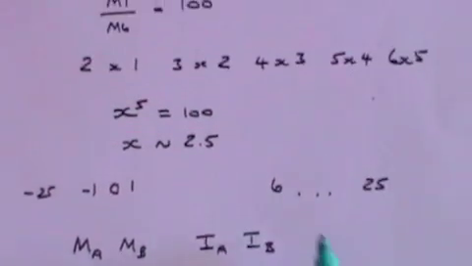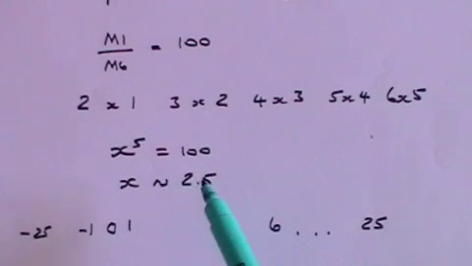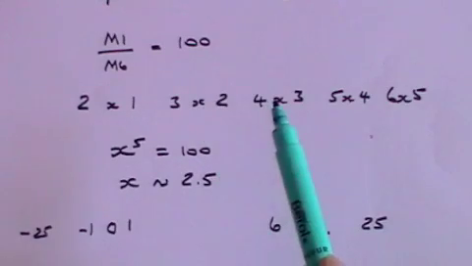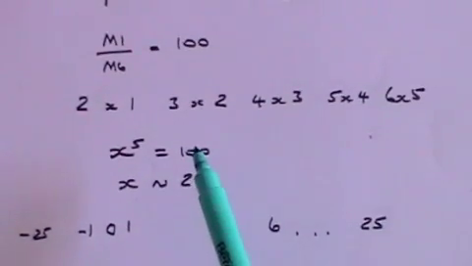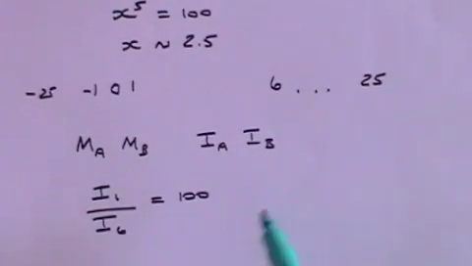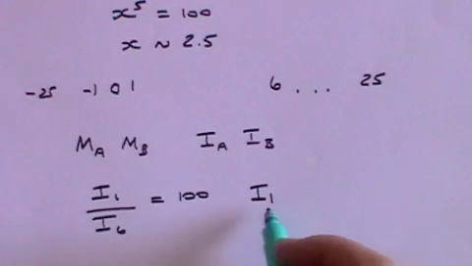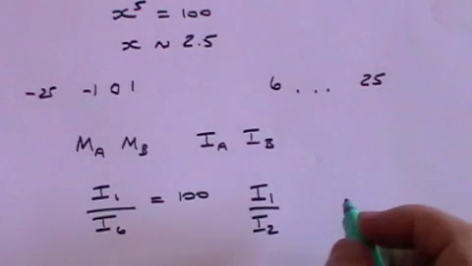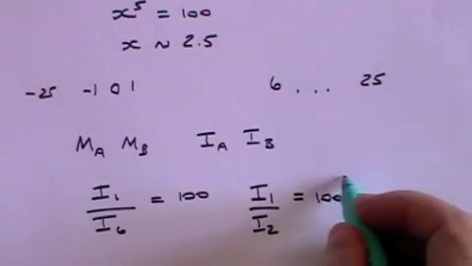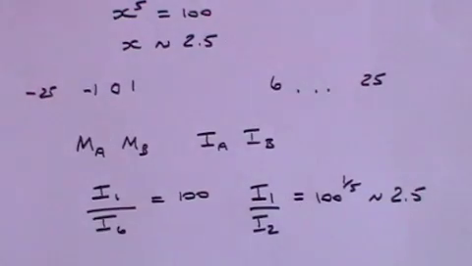And by the analysis which I did up here to show that the intensity ratio between any two adjacent integral values, 1 to 2, 2 to 3, 3 to 4, was 2.5, which is the fifth root of 100, what you can say is that the intensity of a magnitude 1 star divided by the intensity of a magnitude 2 star is equal to 100 to the 1/5, which is very approximately 2.5.